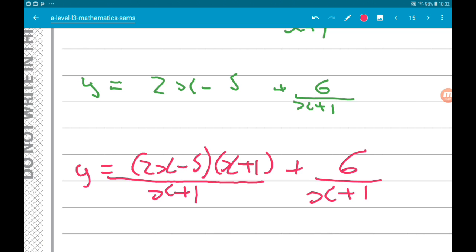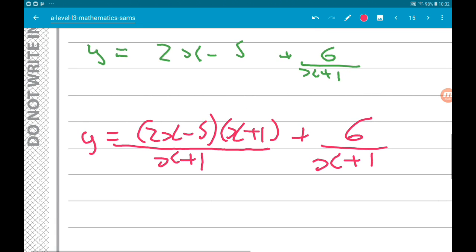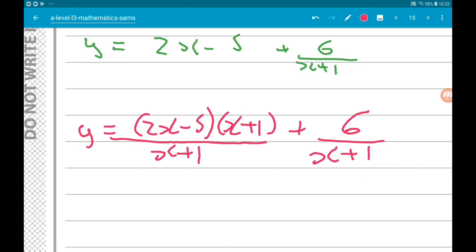Okay, so now because we have common denominators, we can just write this as a single fraction. Now I'm also going to expand the brackets.